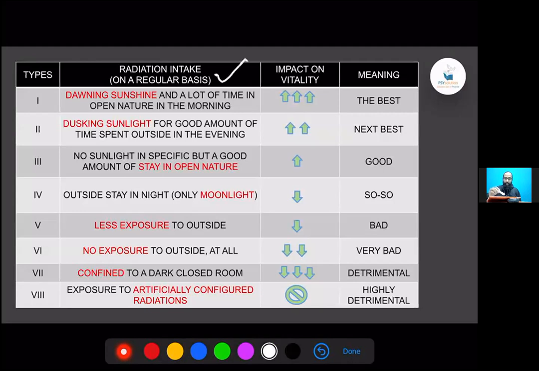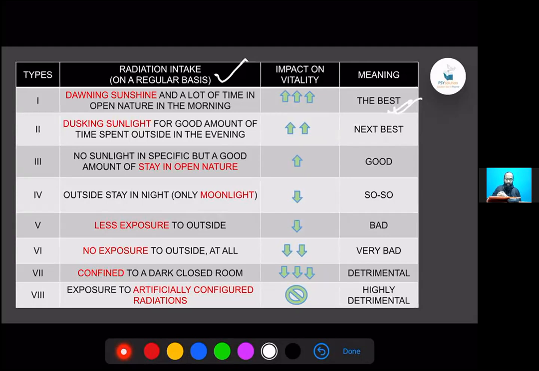The dawning sunshine, and a lot of time in open nature in the morning. If we are taking dawning sunshine and spending a lot of time in open nature in the morning, that is the best case as far as the conservation of vitality in terms of radiation is concerned.